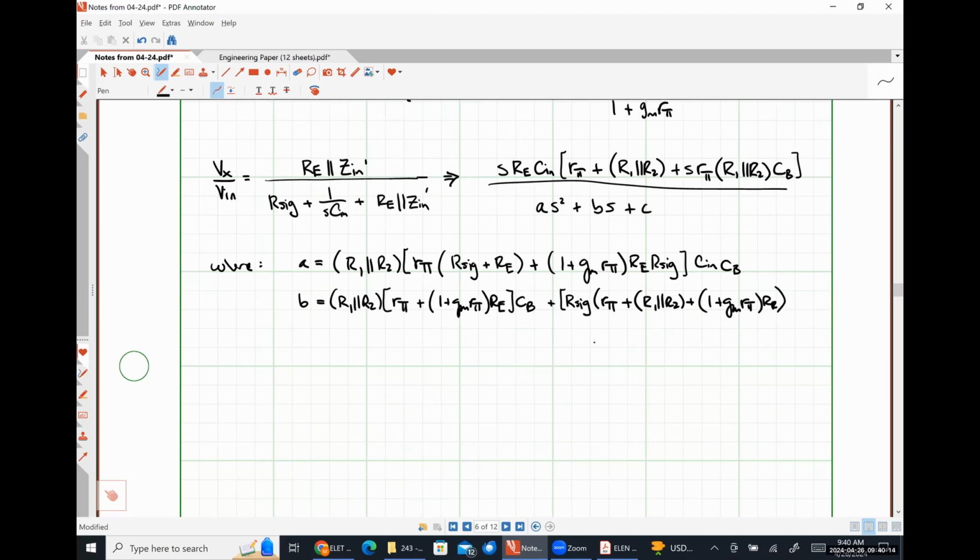And then I'm going to sneak some stuff down here because I ran out of room. RE times R pi plus R1 in parallel with R2.